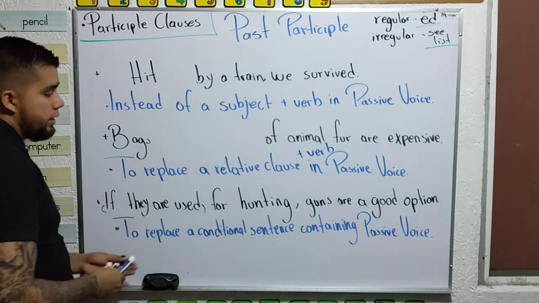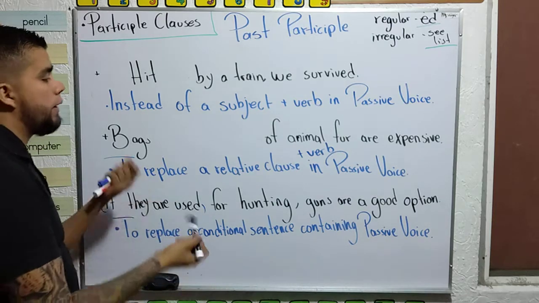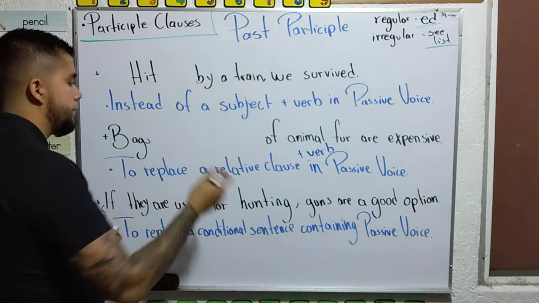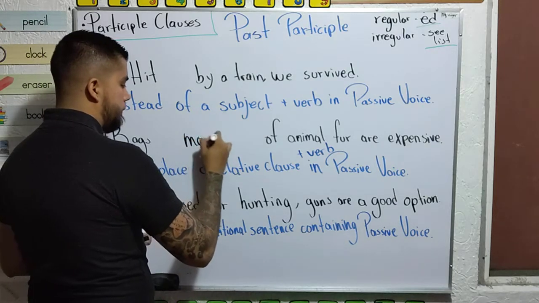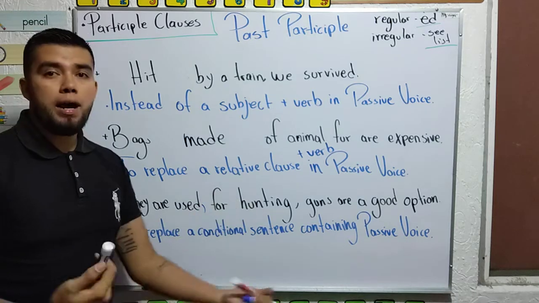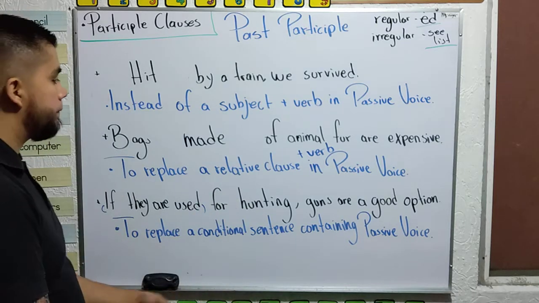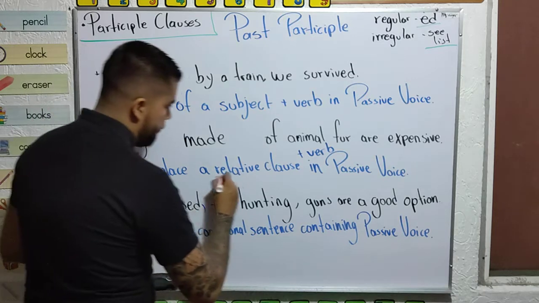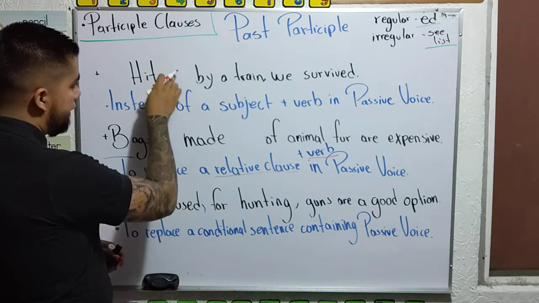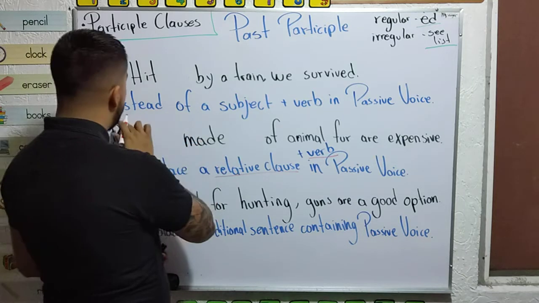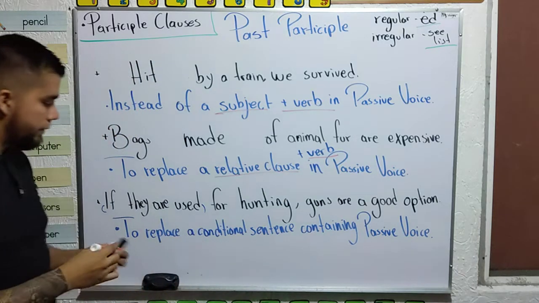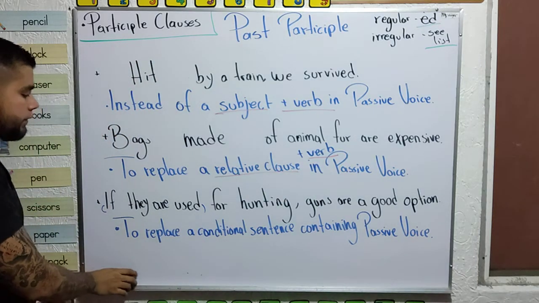What was the main action? Make. The participle form of make? Made. Bags made of animal fur are expensive. So I substituted the relative clause and the verb for the participle form. And here I substituted the subject and the verb.